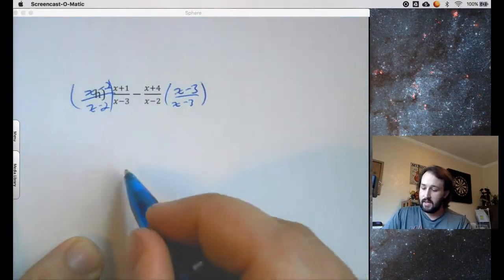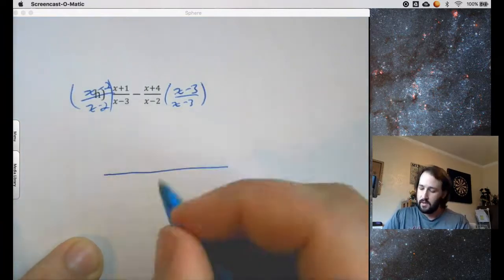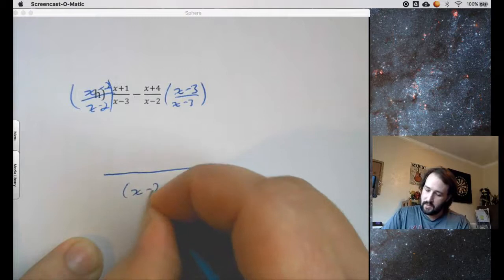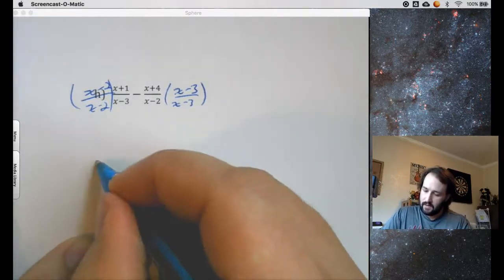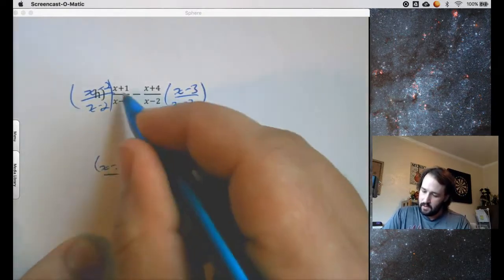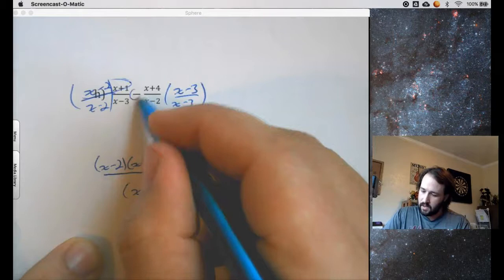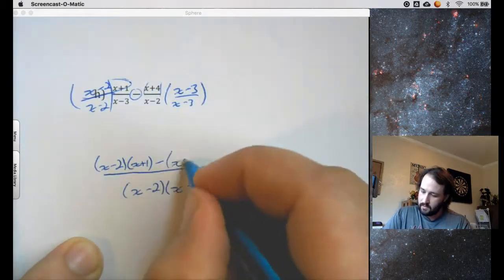So something that I do, and I'll show you this because I know it's going to be over the same denominator. So essentially what's happening is x minus 2 times x minus 3, and then I have the x minus 2 times x plus 1. So that's coming from this first part, and then minus, so minus the x plus 4 times x minus 3.